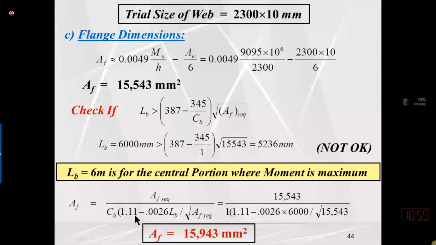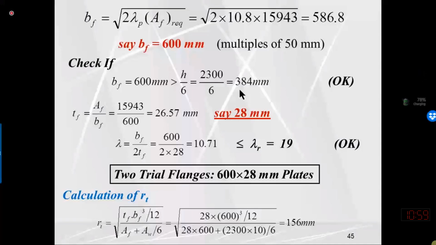And next is we will compare the thickness of the flange, which is equal to area of the flange divided by BF value that we have just determined. So area of the flange divided by BF value, answer is 26.57.